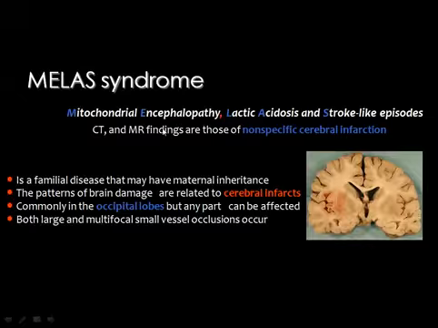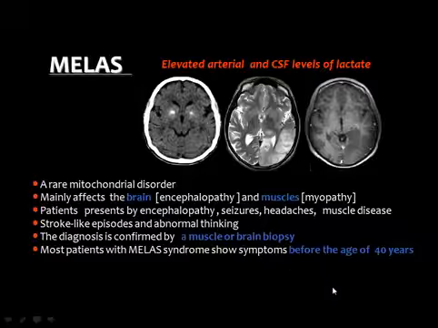But the CT and MRI findings are non-specific. They show only cerebral infarction, which is commonly seen in the occipital lobes, but can occur in any part of the brain. In this disease, the two main sites that are affected are the brain, leading to encephalopathy, and the muscles, leading to myopathy.